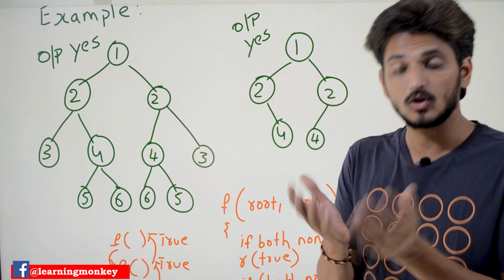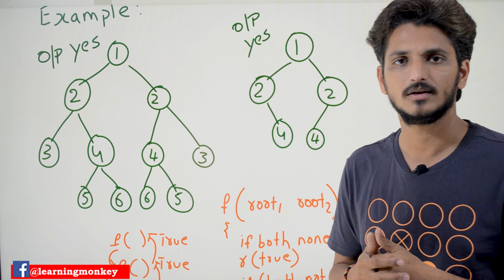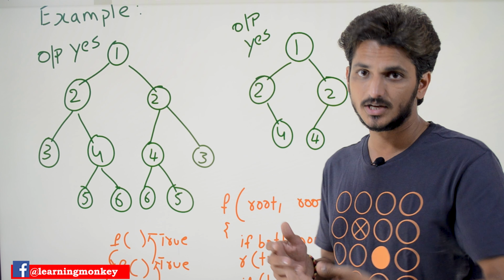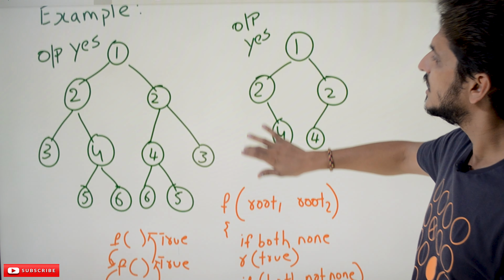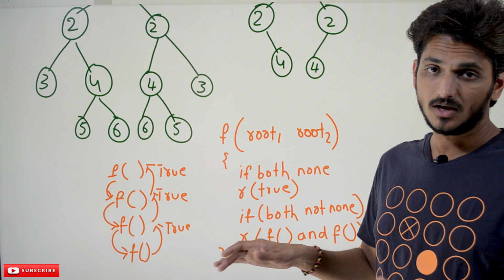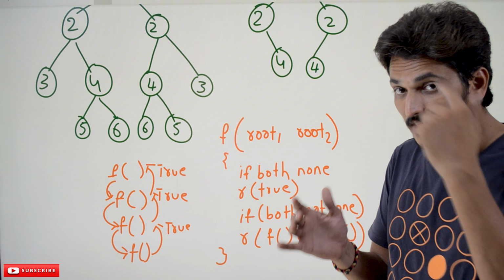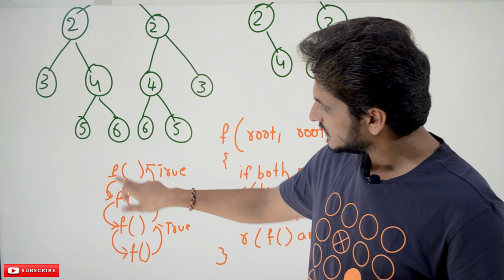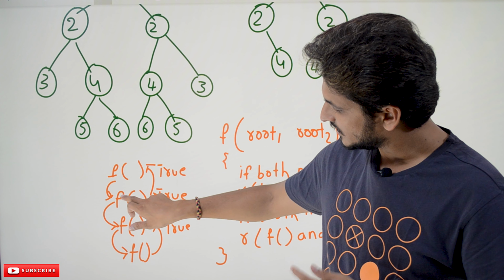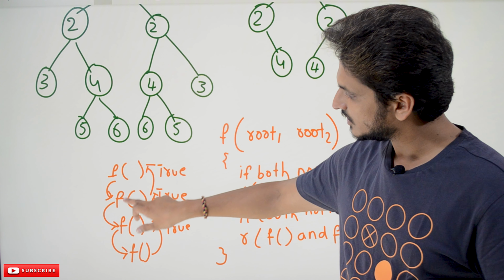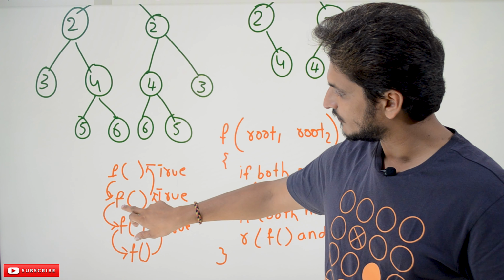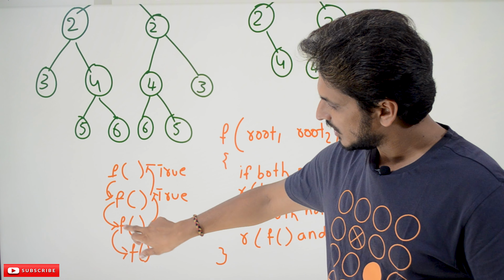So what's the logic we need to apply here? Let's try to understand step by step. Before going into the logic, we are going to refresh the recursion concept. One function calling another function, calling f again and again.